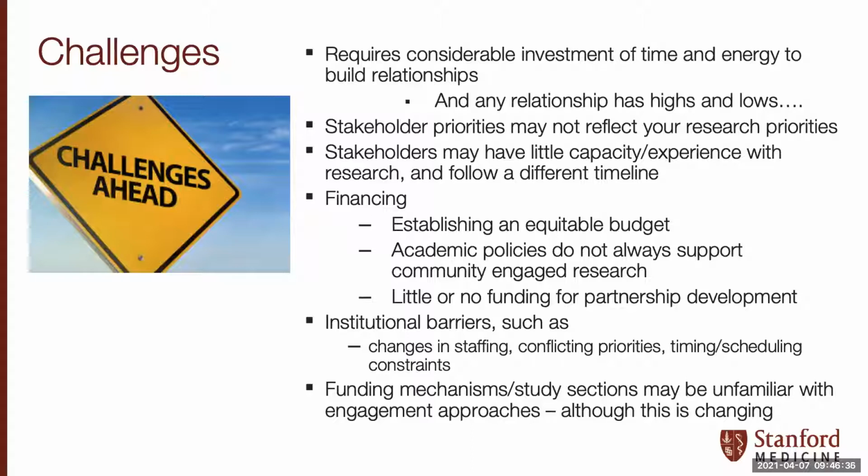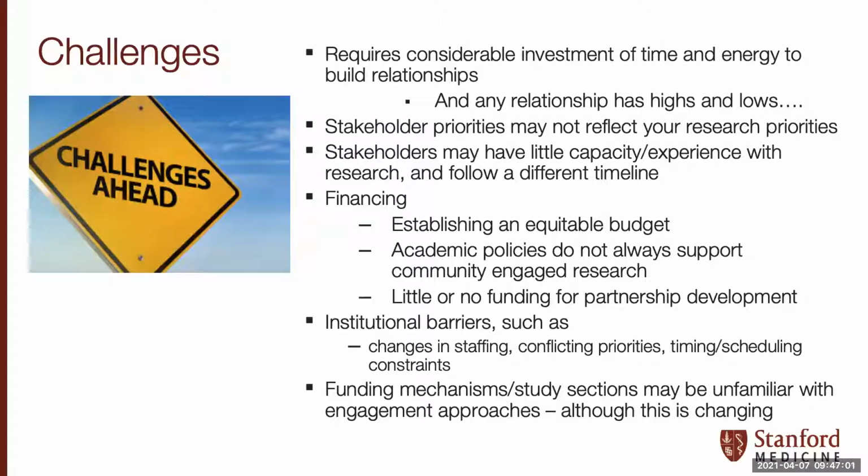And another point here is that even though community engagement is becoming more and more popular, we're still doing a lot of education, oftentimes within our own departments, with our own PIs, as well as with funders, organizations, and study sections, in saying what is community engagement and what our study looks like a little bit different.